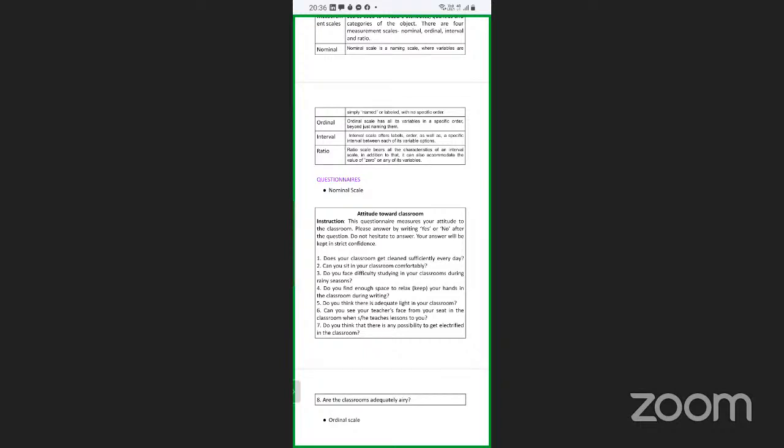You can ask the question and the answer will be yes or no. So you have to design the question in such a manner so that the students can easily give you proper answer.